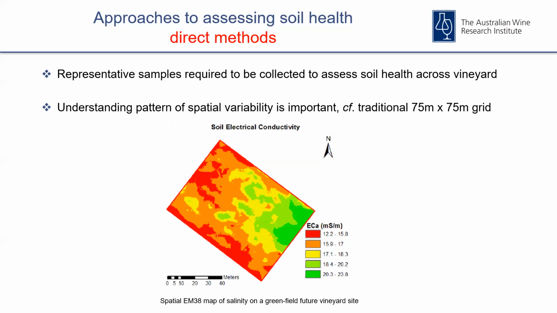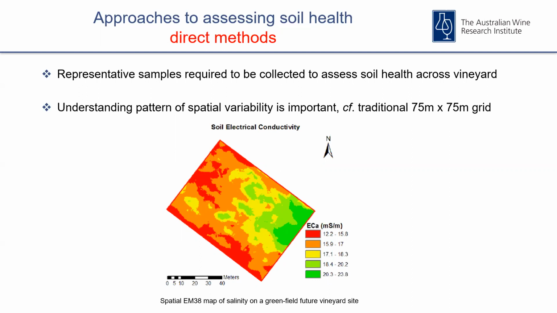Traditionally, in many other parts of Australia, there's been an approach using a 75 by 75 metre grid pattern across a new property, taking either pits or cores from that and submitting those for analysis.